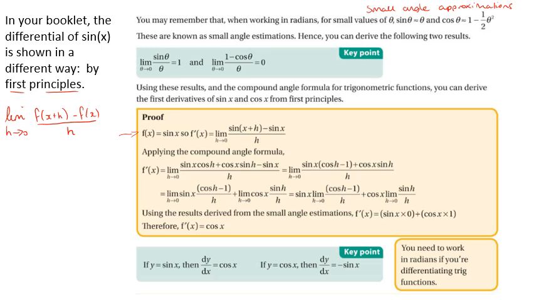On the next line, we can expand sine of x plus h using the compound angle formulae from the formula booklet. I'm talking about the sine A plus B formula. Hopefully you remember seeing that in the formula booklet. You will have covered that in the trig topic.